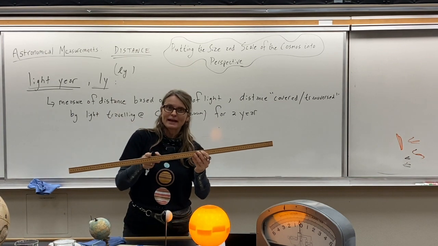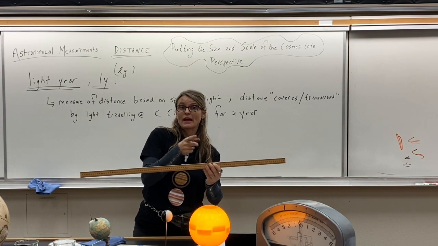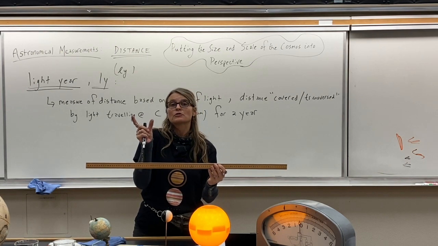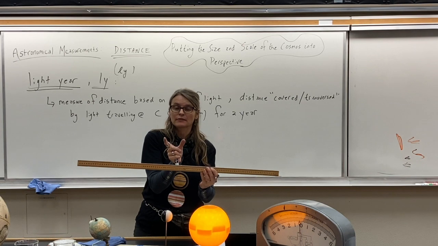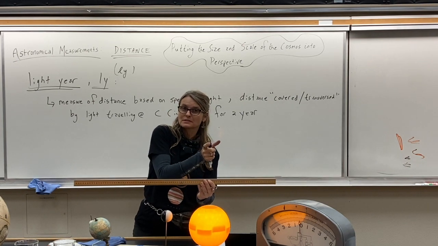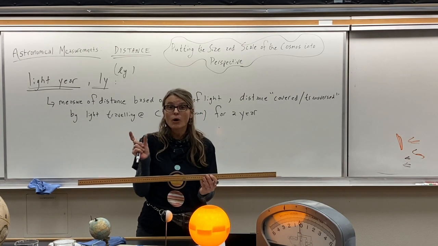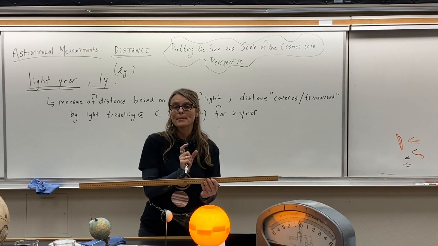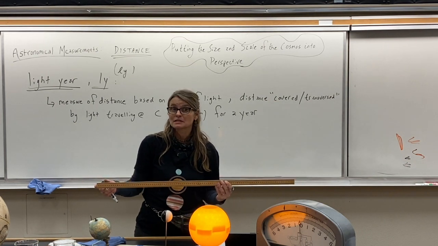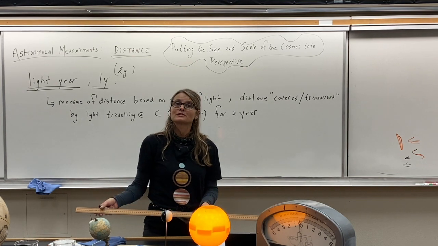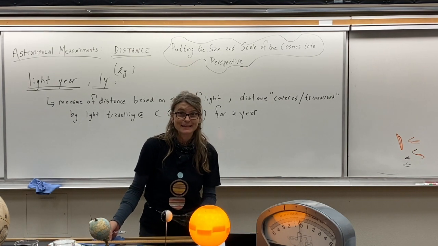And you add up all the seconds. So every second you go 3 times 10 to the 8 meters, another 3 times 10 to the 8 meters the second after that, another 3 times 10 to the 8 meters the second after that. You add all those increments up so that all your seconds add up to the number of seconds in a year, and then you get your distance in meters, and that is a light year.